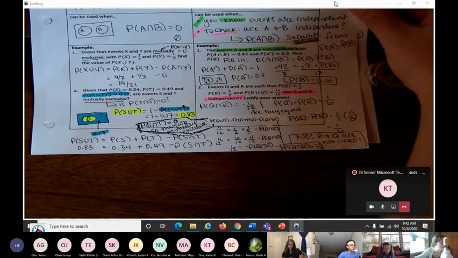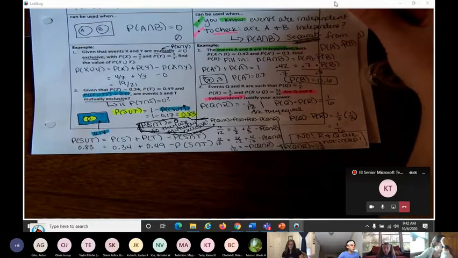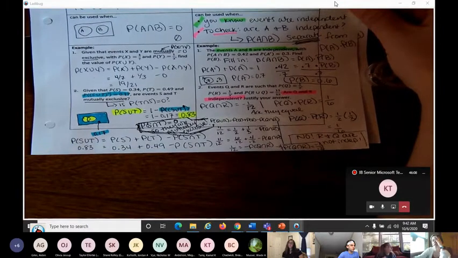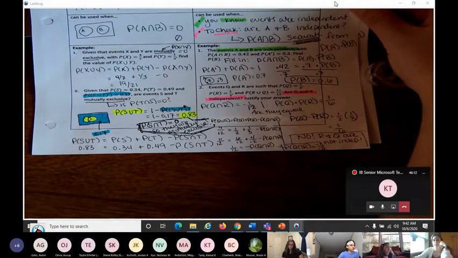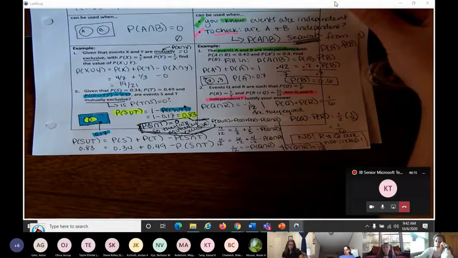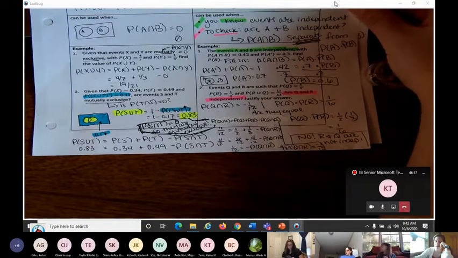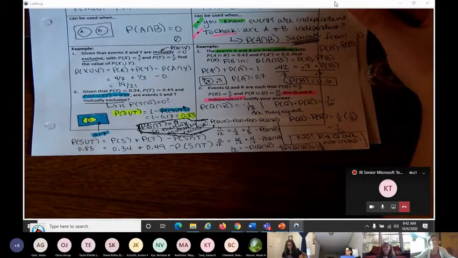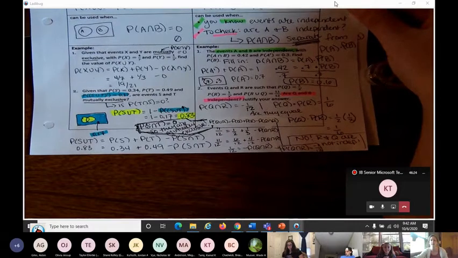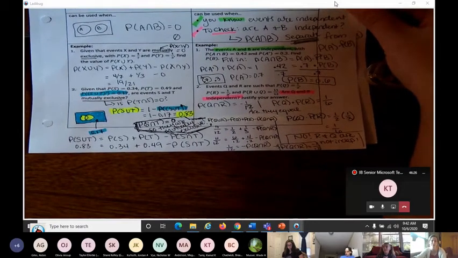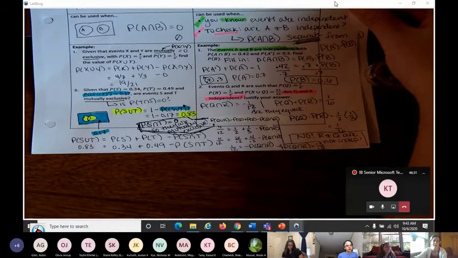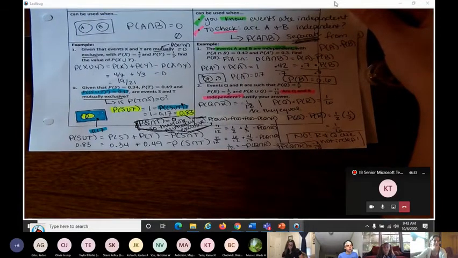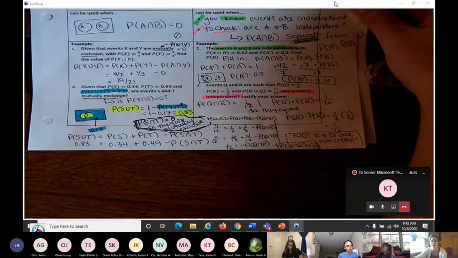And to be honest, the due date is what I should be using, and then I should be taking 5% off until the assignment is closed, but I don't even have the willingness to do that because it's just too much work. So as long as you turn it in before the assignment closes, I don't care. So if you need to take till next Monday at midnight, so be it. I'm not going to take off points.